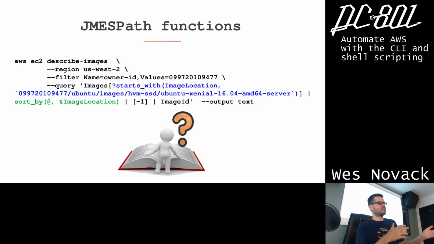And then in the green, I'm sorting by ImageLocation. What this does is give me the latest image that matches this criteria for the particular region I'm in. So if you want to find the latest Ubuntu 16.04 image, this query would allow you to do that.